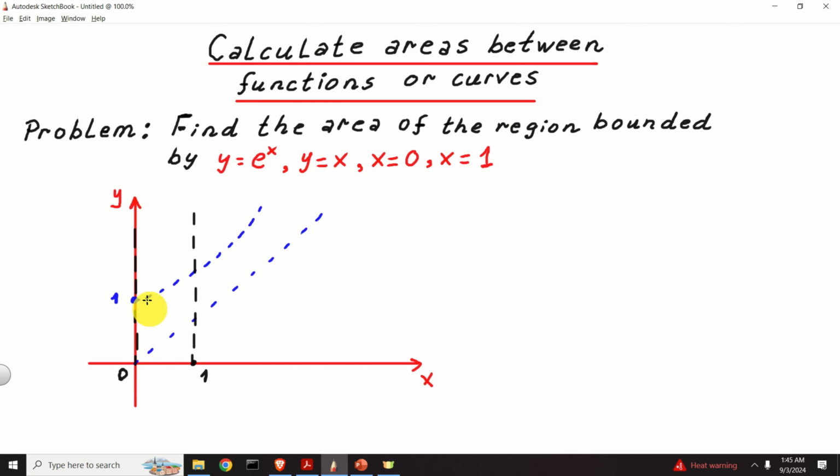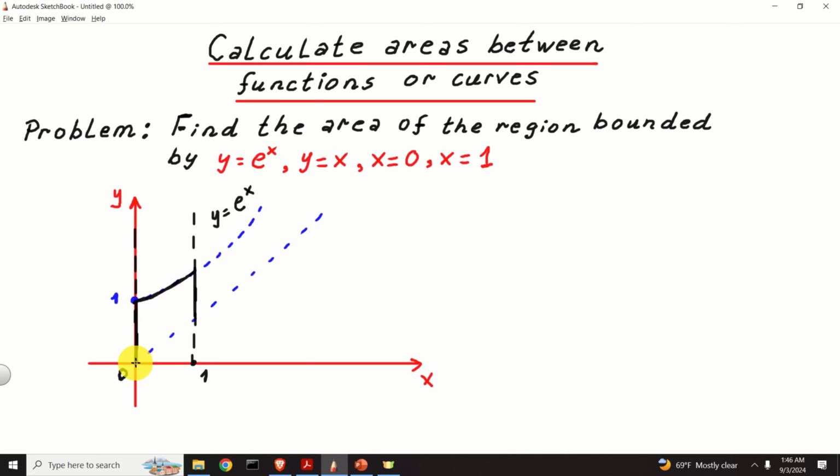Okay, now we can sketch our area and our region. Here is the first boundary. Here is the second boundary. The third boundary is this function y is equal to e to the power x, and let's sketch this boundary.